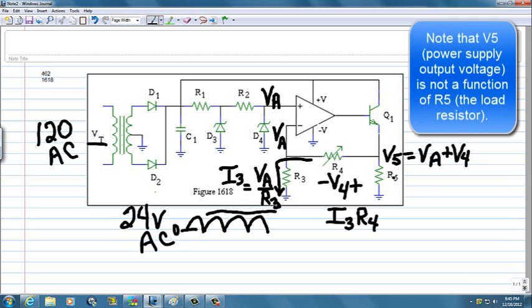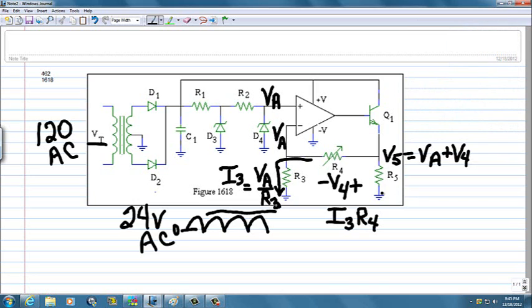Knowing the voltage across this resistor is V5, then the current through R5 is V5 divided by R5. All of that current comes through the transistor plus a little tiny bit of base current that's required to turn that transistor on.